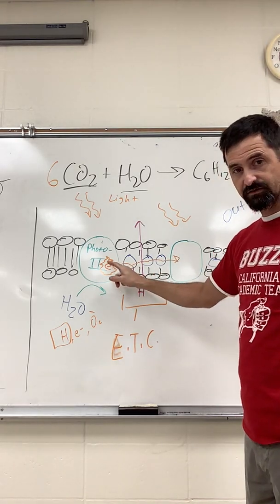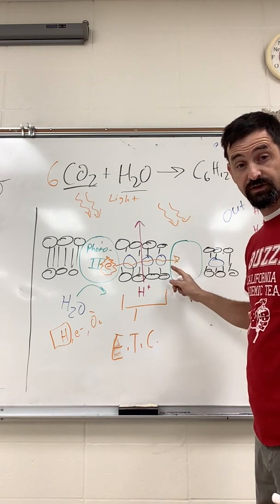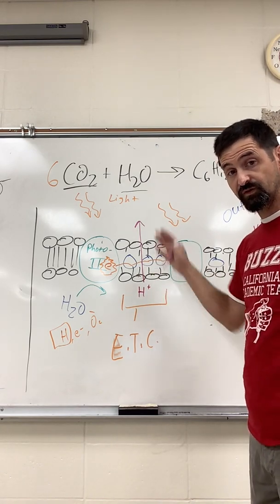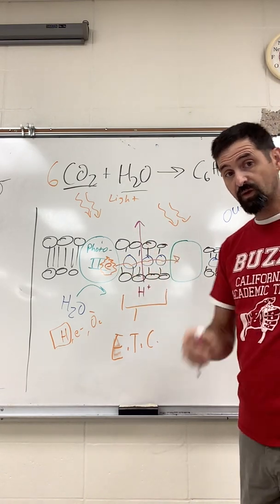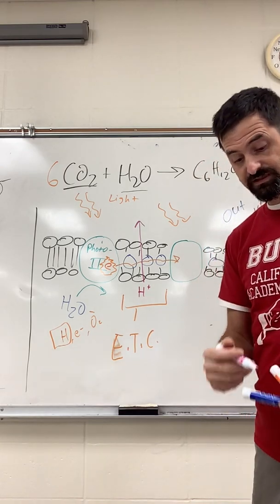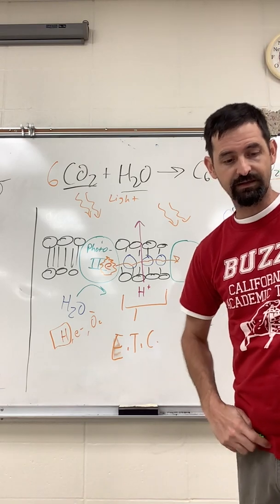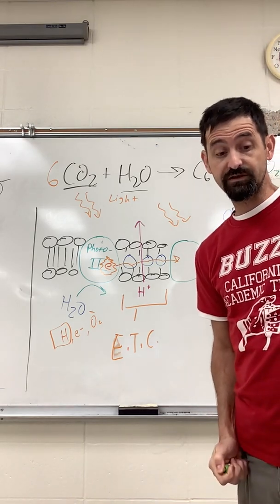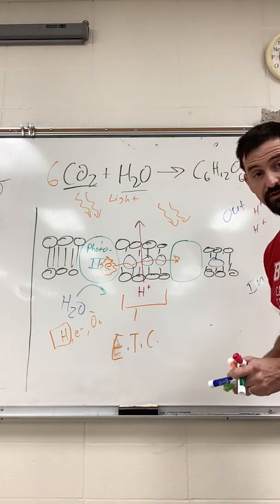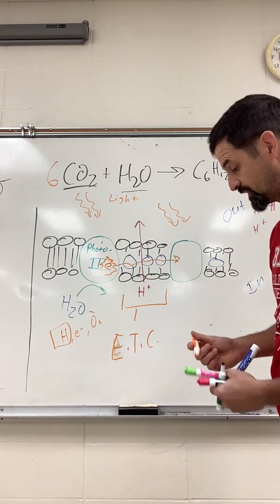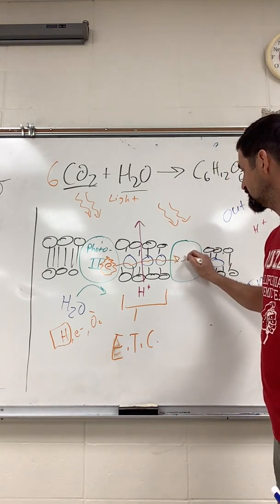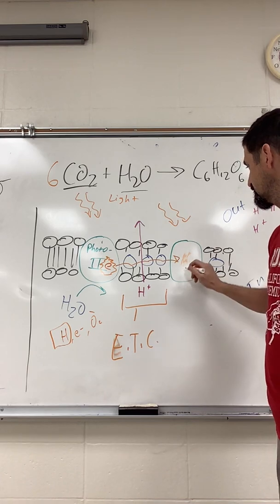So we energize our electron, we shoot it down the electron transport chain. It uses its energy to move some hydrogen while it's moving along. But in doing so, it loses some of the energy it had, right? Because when you use energy, you can't get it back. So we have to re-energize that electron. That low energy electron is all worn out from pumping some hydrogen, gets back into what we call photosystem 1.